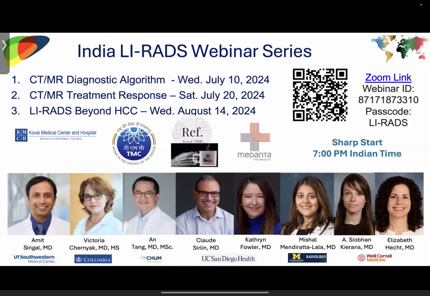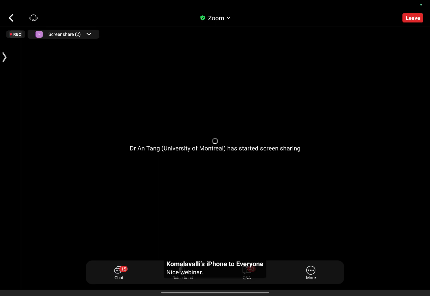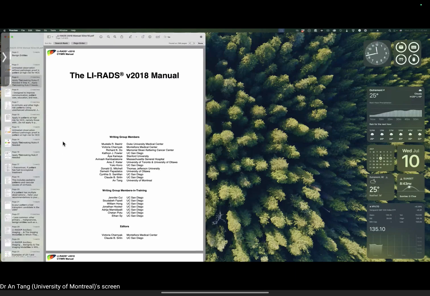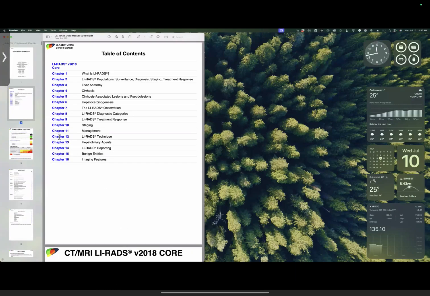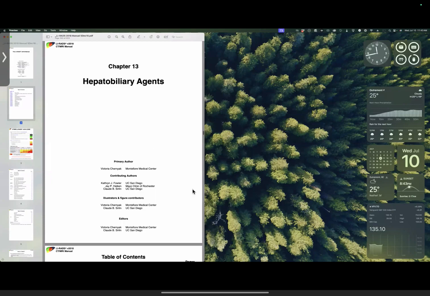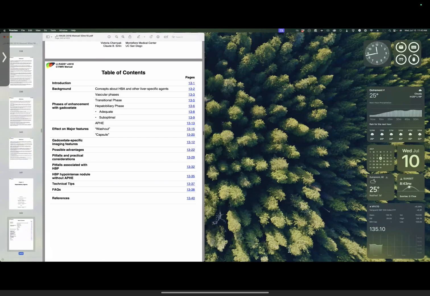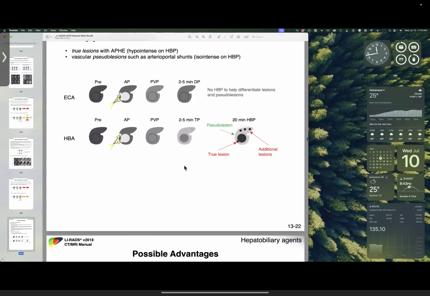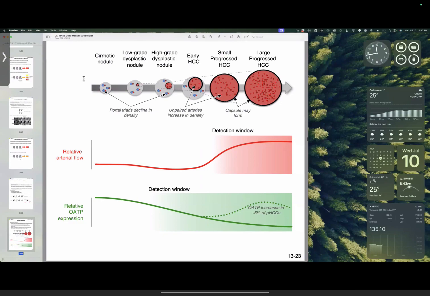Yes, I do, and I would refer the whole audience to the beautiful LI-RADS manual that has been led by Victoria and Claude. If you download the LI-RADS manual on the ACR website, there's a chapter on hepatobiliary agents. You can jump directly to possible advantages of these agents, and there are beautiful schematics created by Victoria and Claude. I really like this one, which shows the hepatocarcinogenesis steps from left to right.